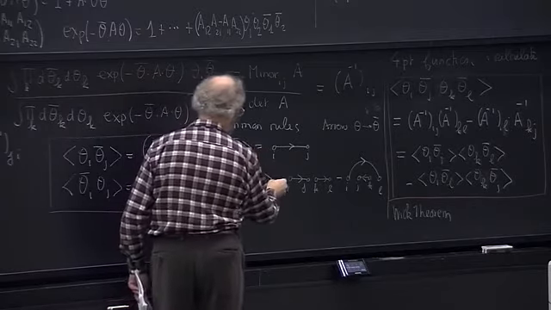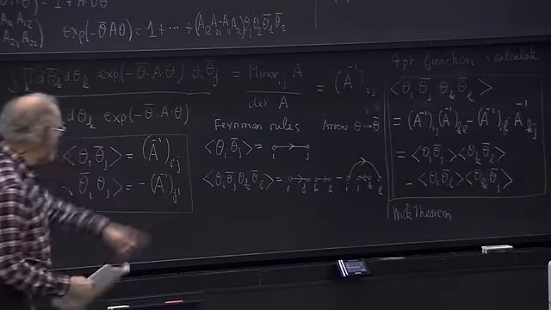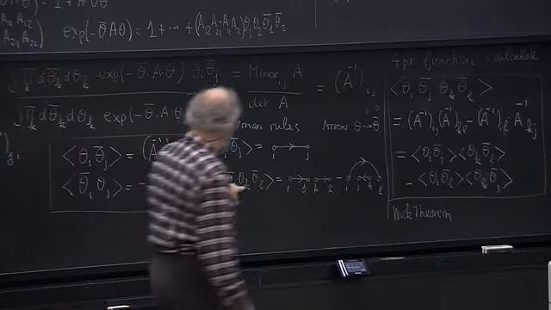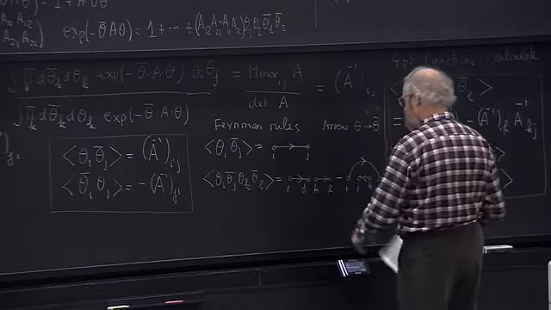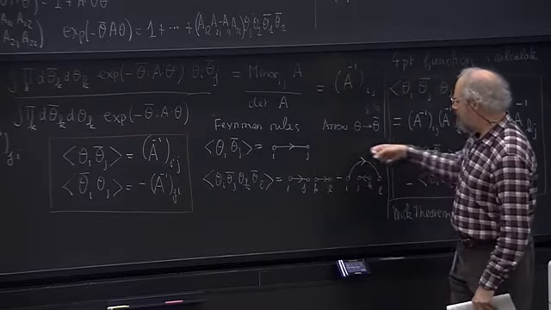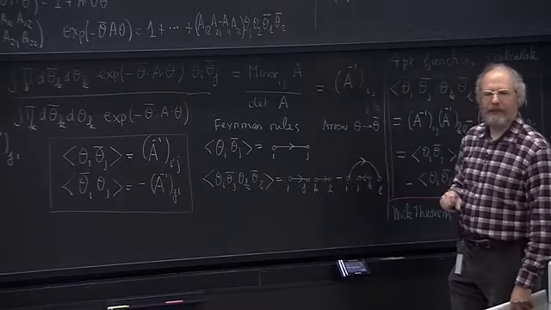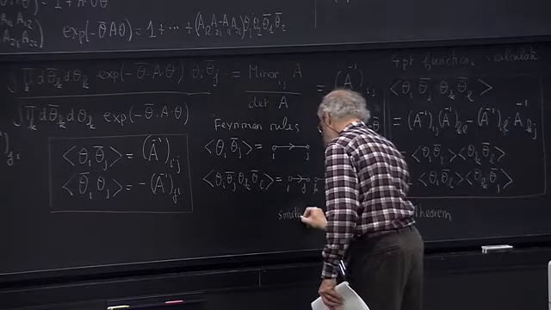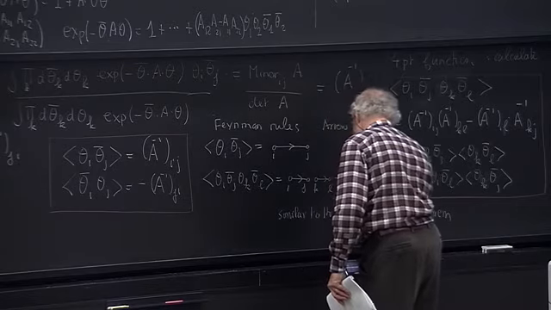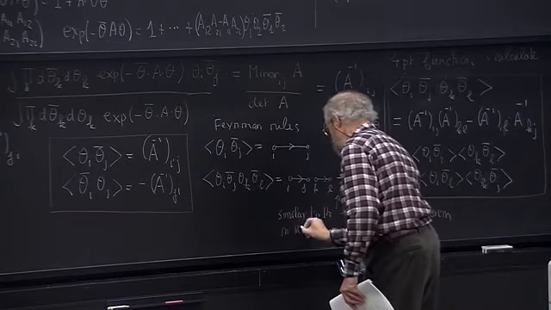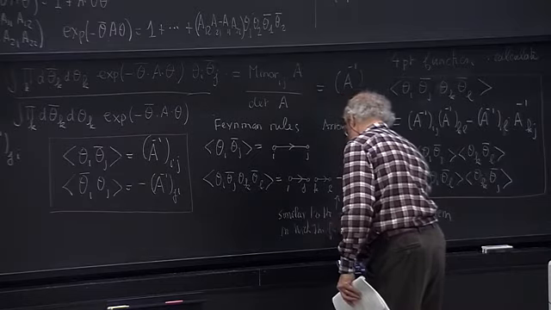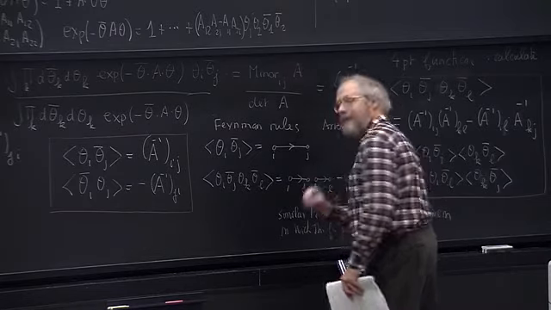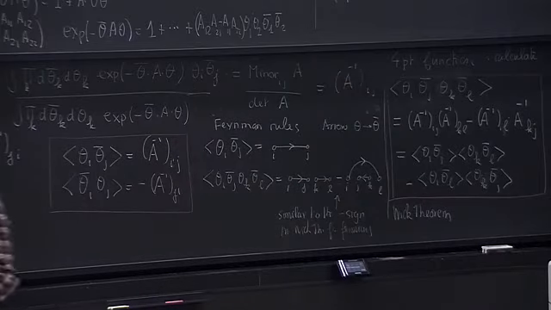So this is a Feynman diagrammatic representation for this operation. So you see that you get all the possible pairings between the thetas and the theta bars, but with a sign which is associated to the signature of the permutation. And this is similar to the minus sign in the Wick theorem for fermions, which comes from the anti-commutation of the creation and annihilation operators for the quanta of the Dirac field.